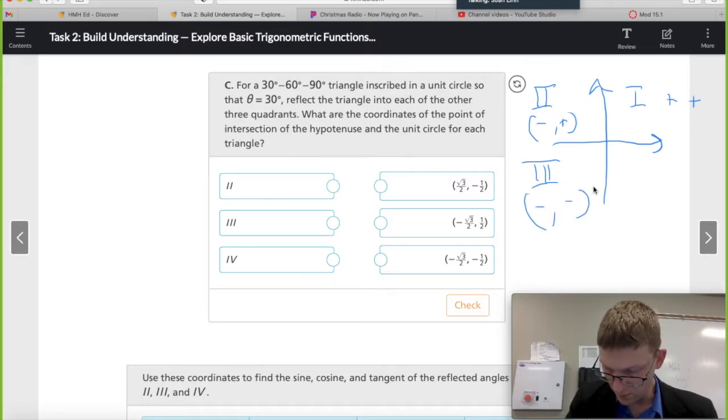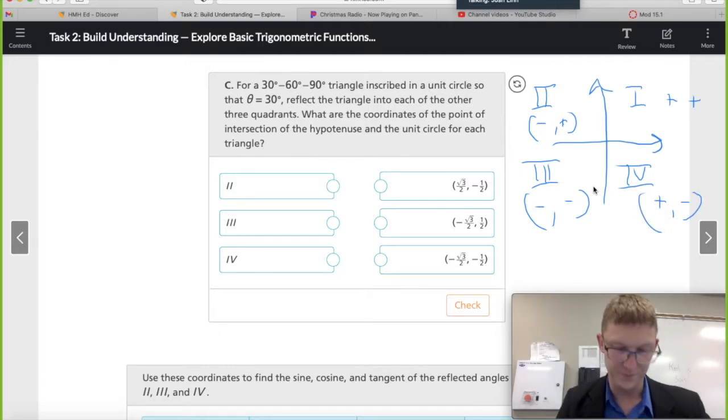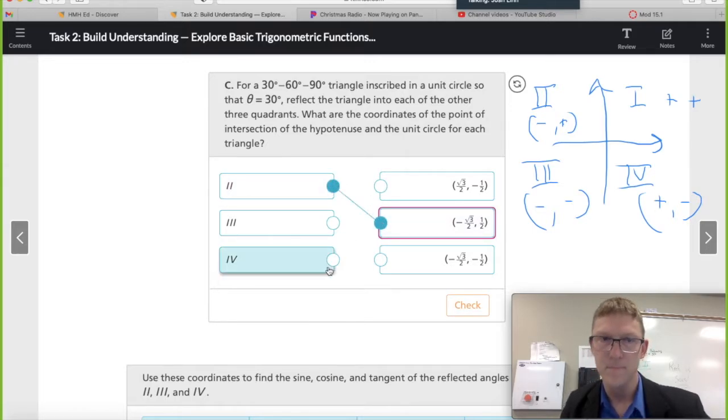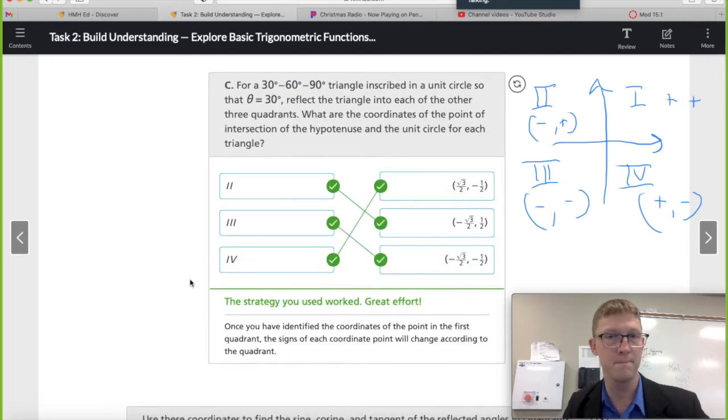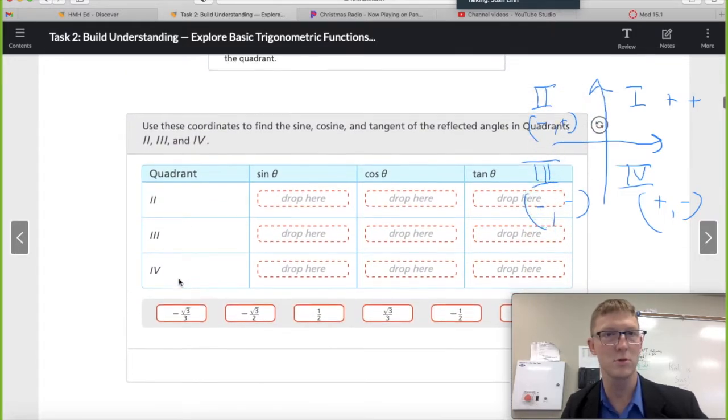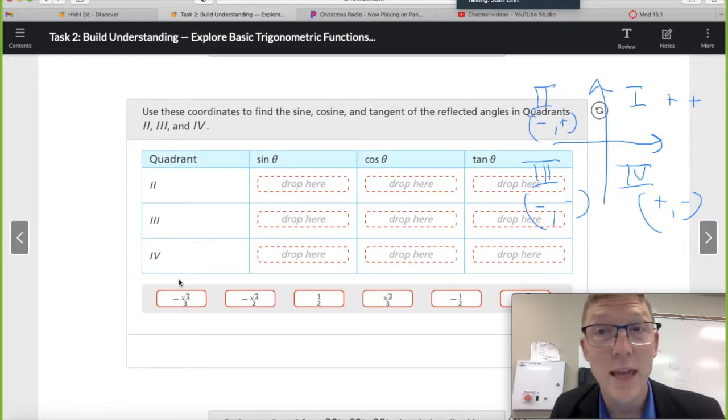And quadrant 4, x is positive, y is negative. So let's see, quadrant 2, I'm looking for a negative positive set of coordinates. Quadrant 3, I'm looking for a negative negative set of coordinates. Is that something maybe you should remember? Yes.